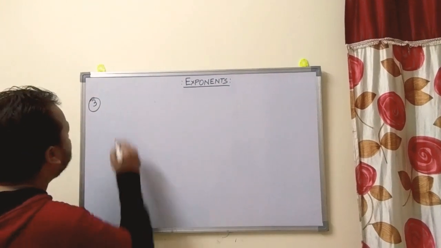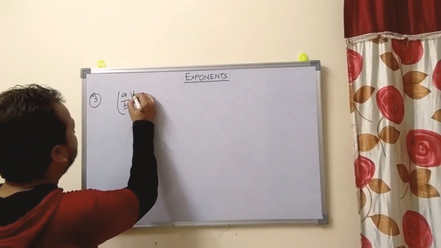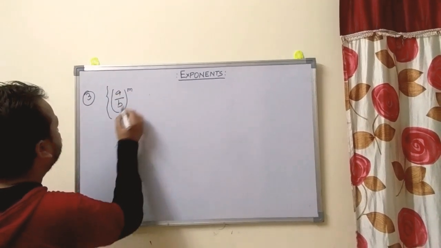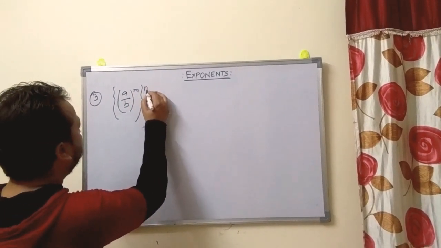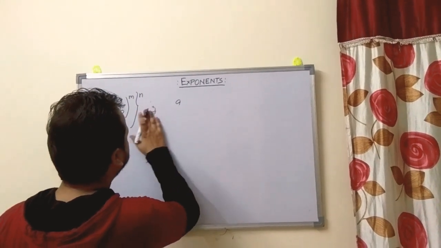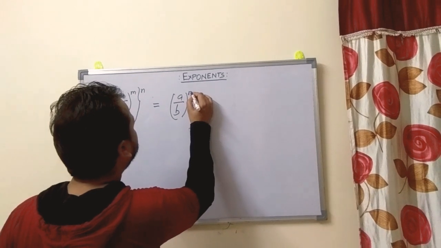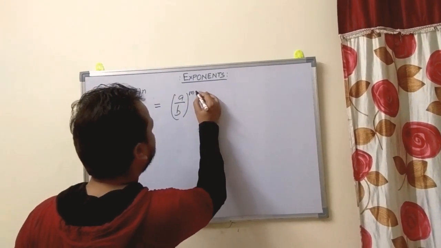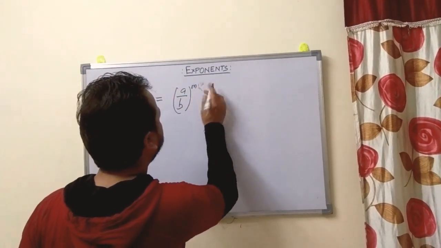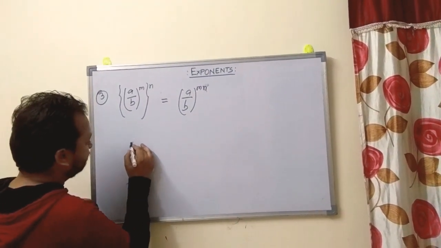The third formula is, if a by b power m to whole power n, it is written as a by b power m multiplied by n. You can write it as m into n. Take an example.